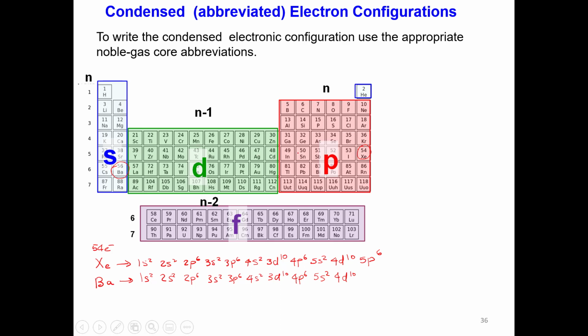Now we need to move here, it will be 5p6, and now we need to add this part, 6s2, because it's in the second column.